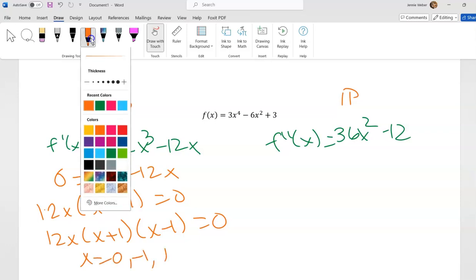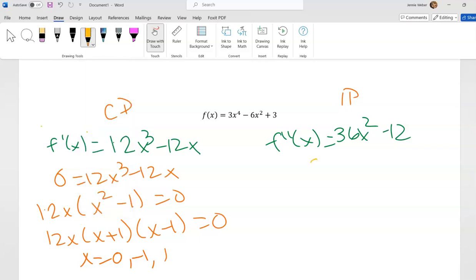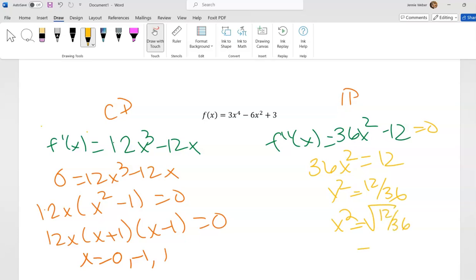Then I'm going to do the same thing over here. I'm going to skip a step here and just rewrite it. 36x squared minus 12 equals 0. I move the 12 over. X squared equals 12 divided by 36. X equals the square root of 12/36, which is plus or minus, let's see here, 1/3, because I took the square root of that.